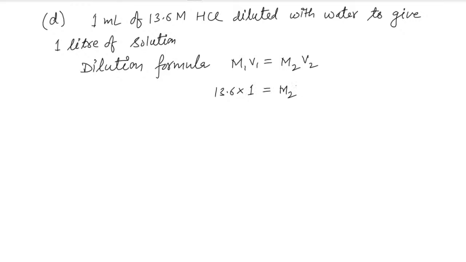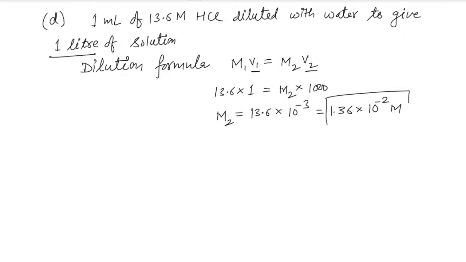M2 we have to calculate, and volume is 1 liter, means 1000 ml. Keep in mind, if volume V1 is in ml, V2 should be in ml. So M2 comes out to be 13.6 into 10 raised to power minus 3, or in scientific notation 1.36 into 10 raised to power minus 2 molar.